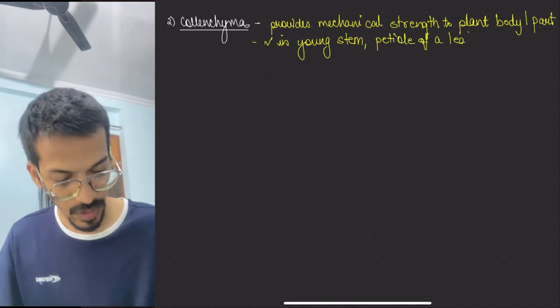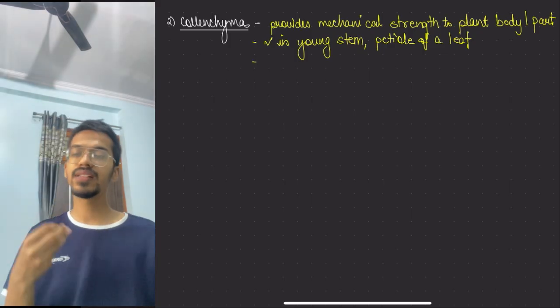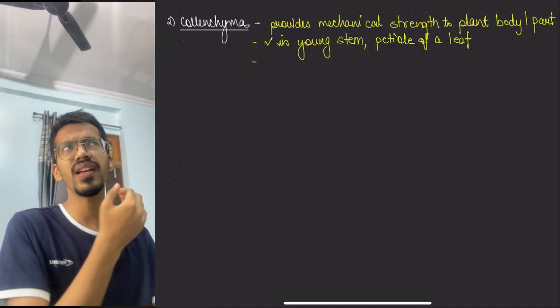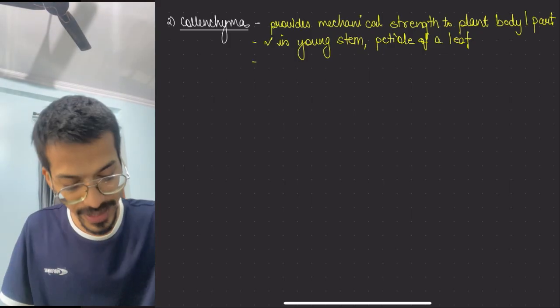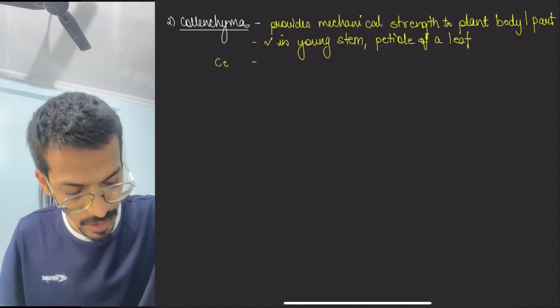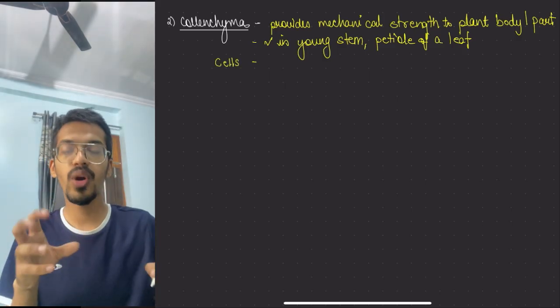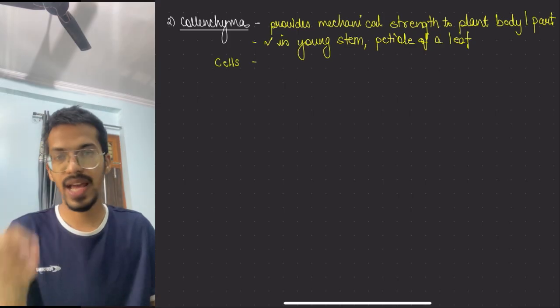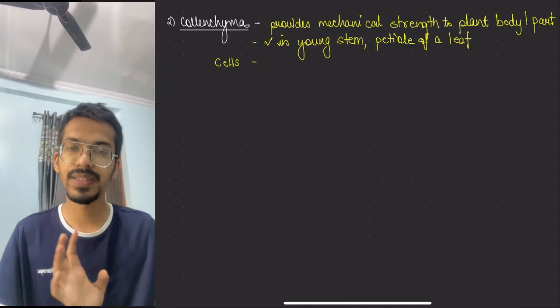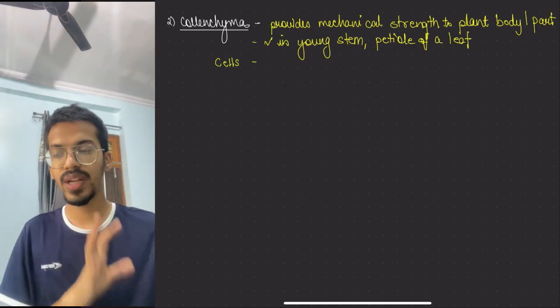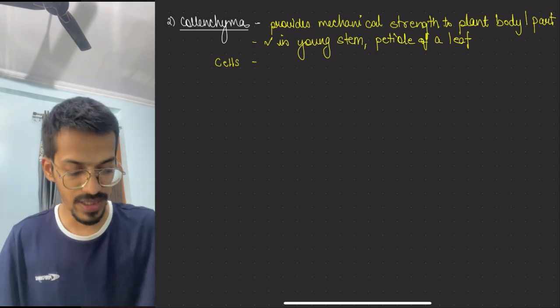Okay, after this the next thing would be how the cells look, right? So cells we're going to see. The cells would have a certain shape and a certain type of cell wall. The cells over here have a large vacuole present.